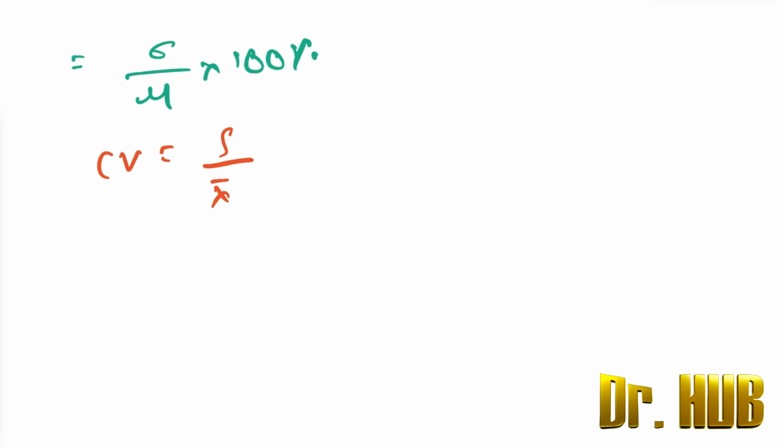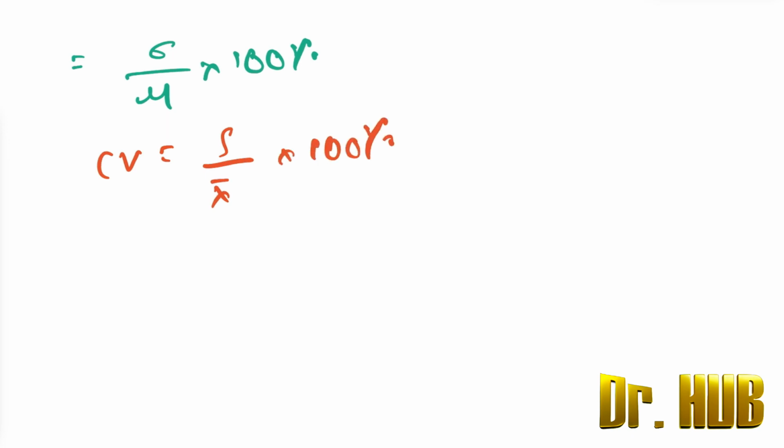So the coefficient of variation is equal to sigma by mu into 100. So CV is equal to sigma by mu into 100.